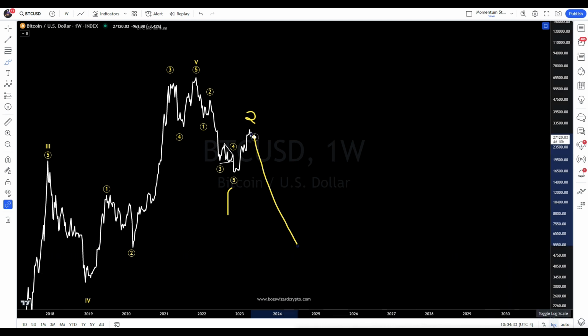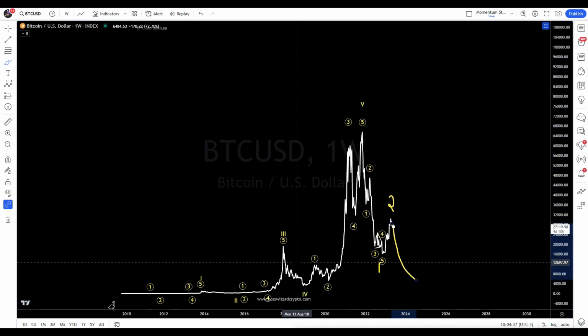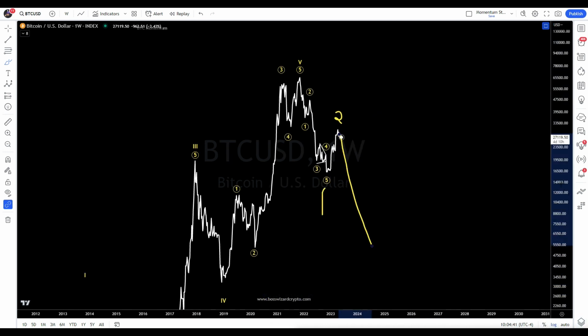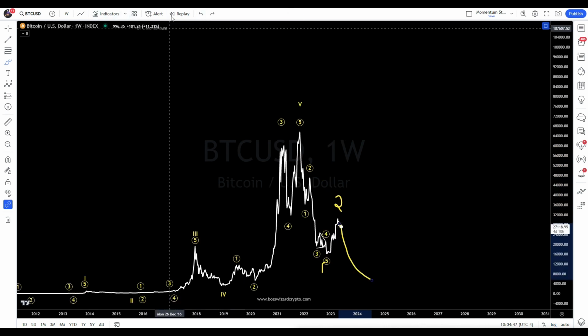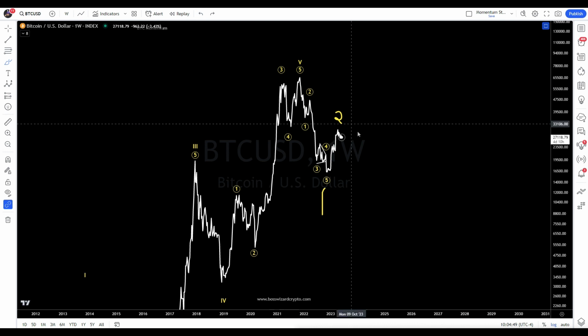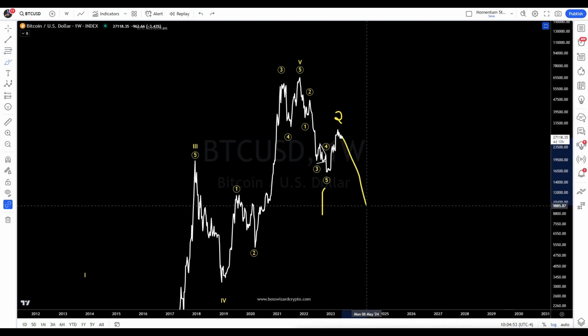I'm in log, so it's not going to look as big as you think. Anyway, a 3 is going to come all the way down, at least something like that.